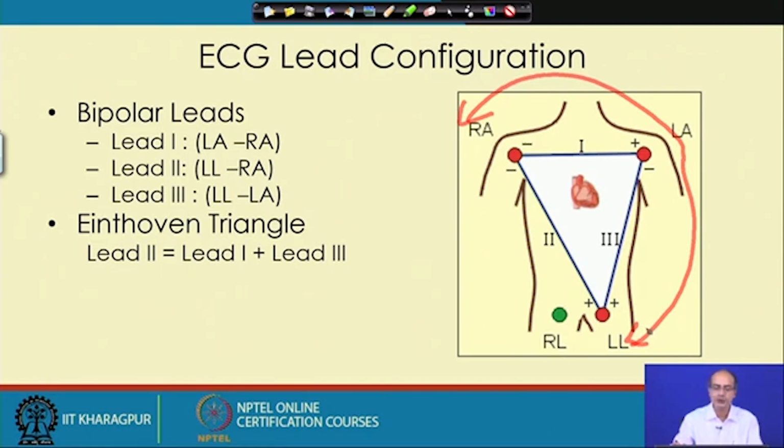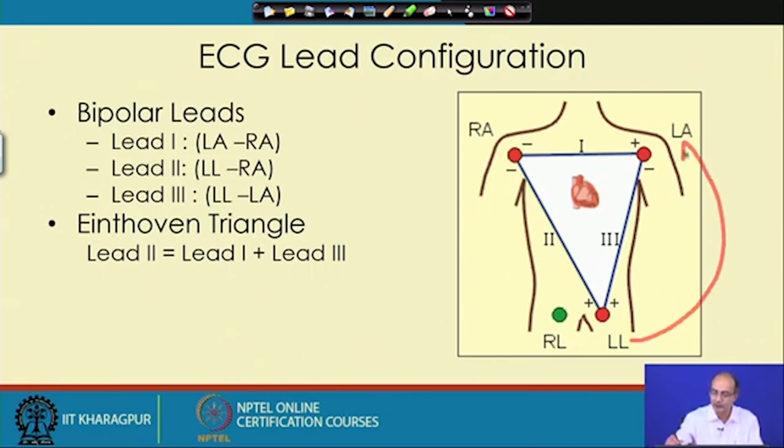In fact, the lead 2 configuration gives the highest level of signal and is better known than the other configurations. The third one is between the left leg and the left arm, with the right leg grounded all the time. Then we get the lead 3 configuration signal.